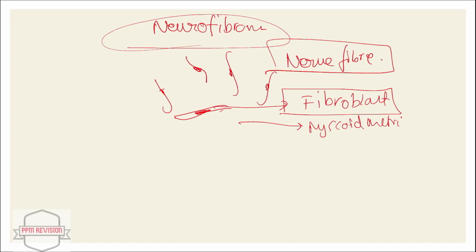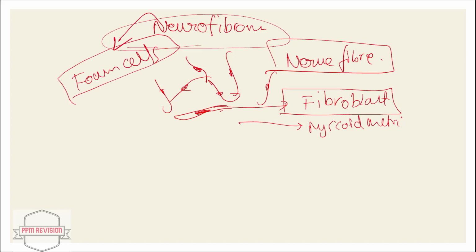Looking at a few points, the neurofibroma is nothing but interlacing fibrous tissue and nerve bundles. It is interlacing, okay? You can also see presence of foam cells, and neurofibroma also has pigmentation.